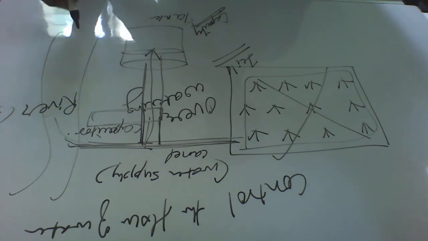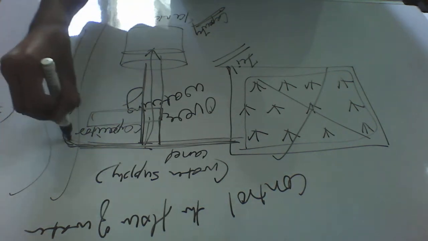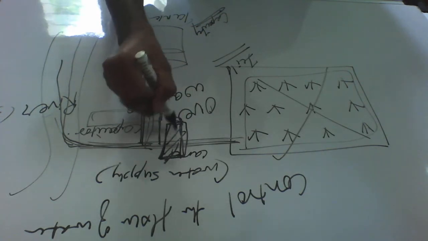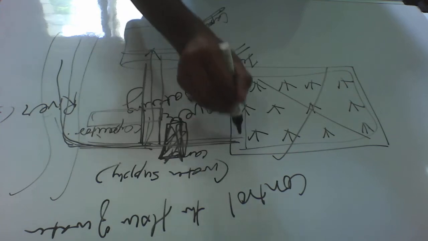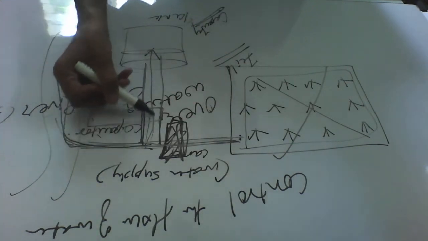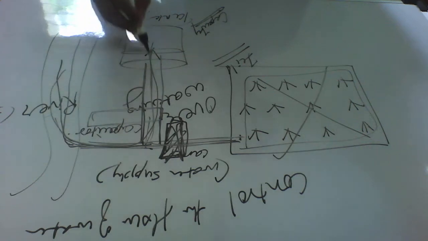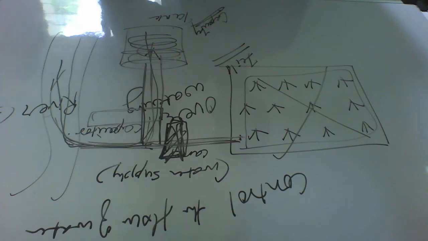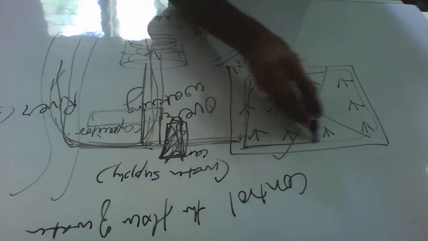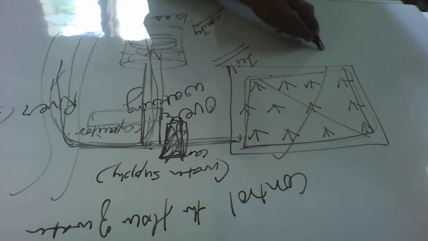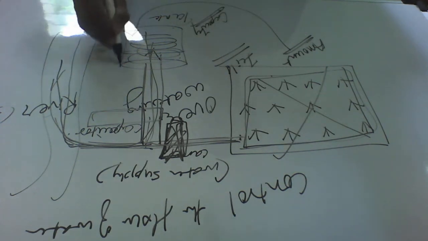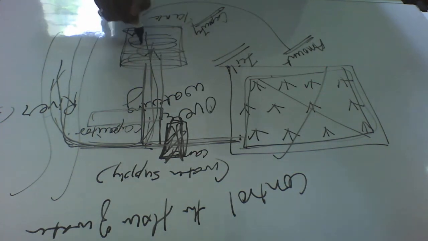When the water flows here, this area is blocked so that the water does not go further. The tank gets filled up with a quantity of water equal to the amount required by the crops, which is equal to the capacity of the capacitor.